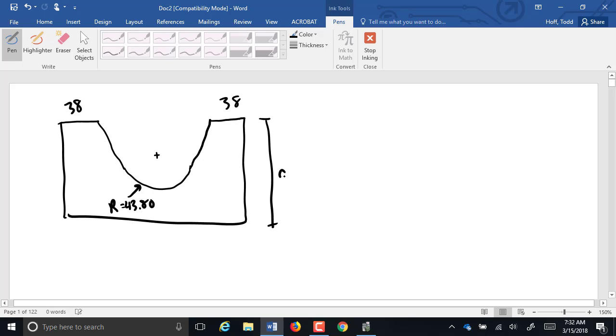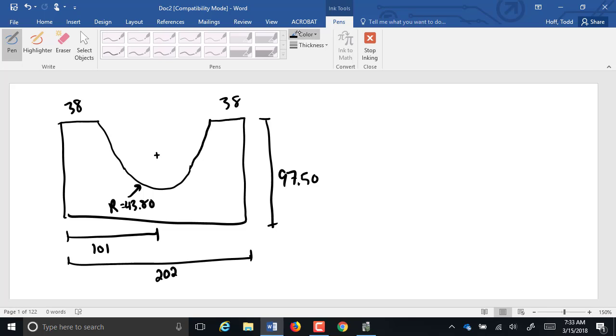Height of 97.5. Center to center, yeah, this is page 368. This is 101 and 202, so it's dead center. They want us to find that angle.